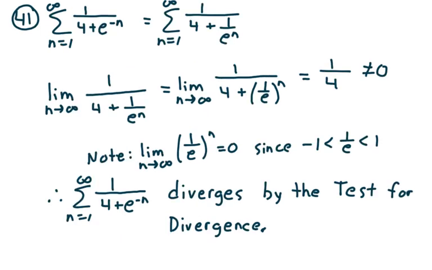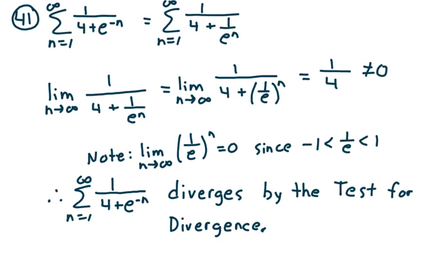Let's take a look at 41. Suppose we have the summation from n equal 1 to infinity of 1 over 4 plus e to the negative n. But this is the summation from n equal 1 to infinity of 1 over 4 plus 1 over e to the n. Now we're going to take a look at this limit of the nth term.